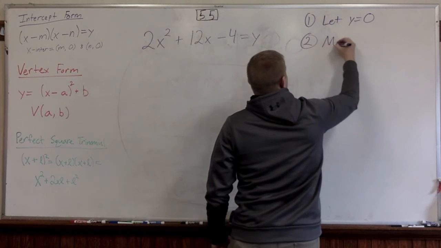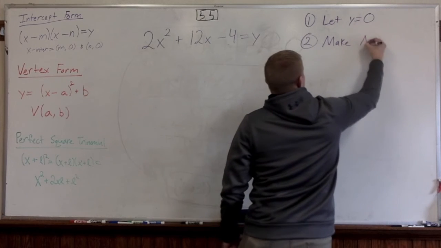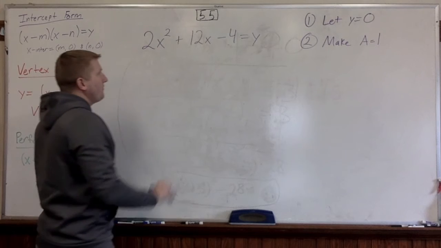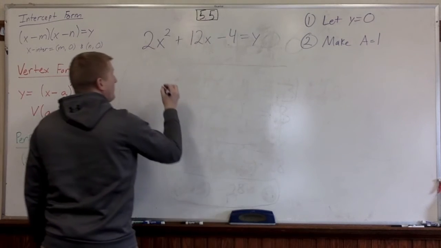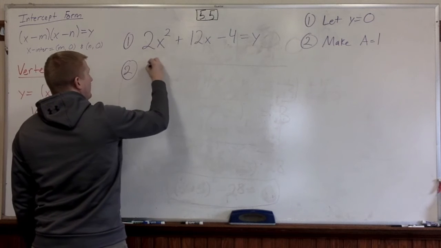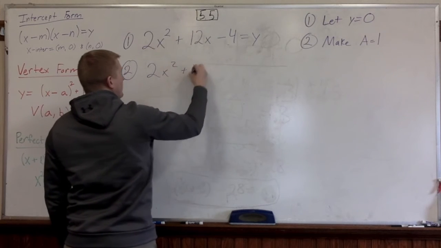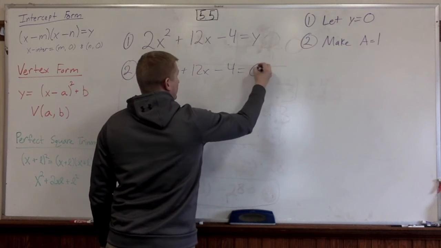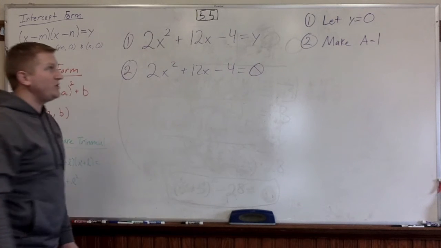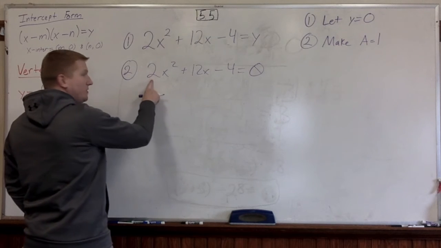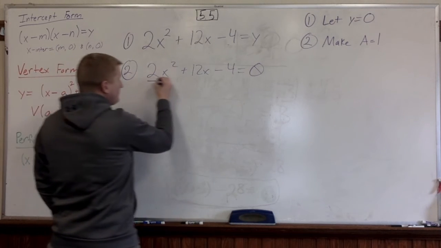Step 2! Make a equal to 1. So first step, 2x squared plus 12x minus 4. Sorry, let y equal 0, I should say. All right. Step 2, make a equal to 1. So I'm going to divide everything by 2 so I can make this into a 1.